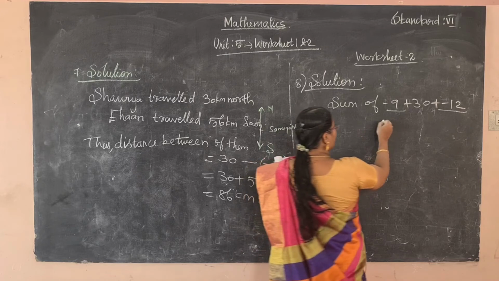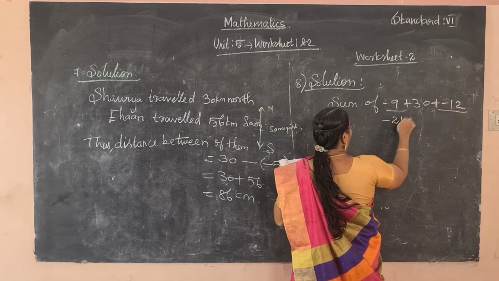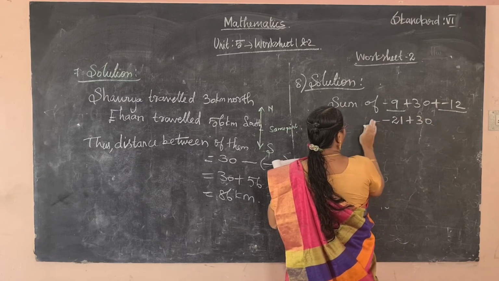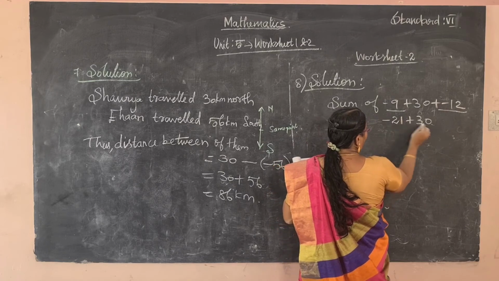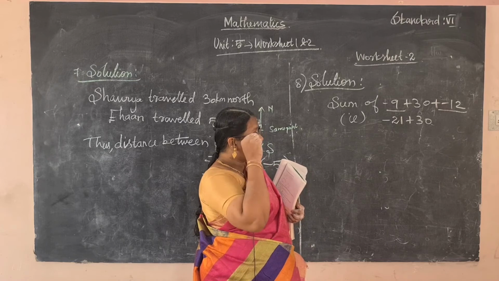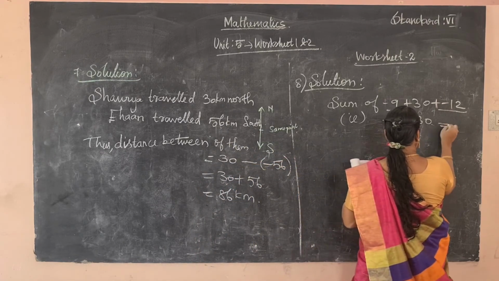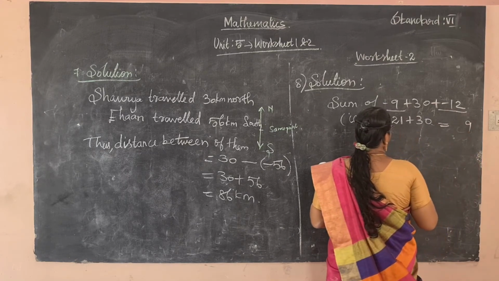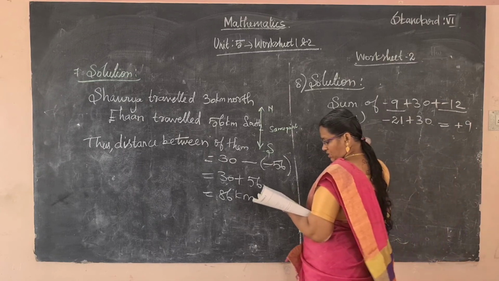What we get? Minus 9 plus 12, 21, plus 13, plus 30. So here two different signs will come. What we do? Subtract and put the greater number sign. Subtract, what we get? 30 minus 9, 21, greater number sign is positive. Okay, the first calculation is completed.